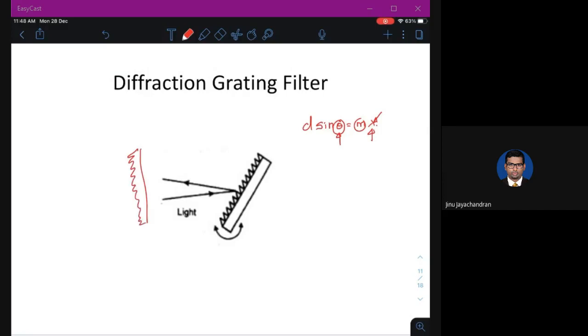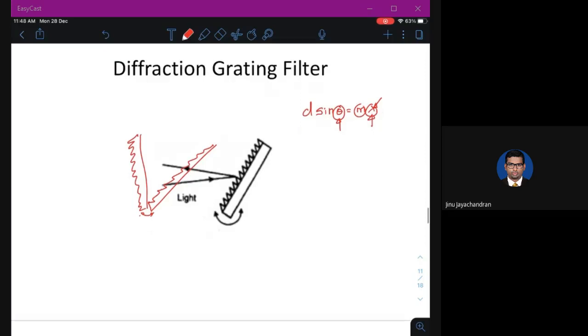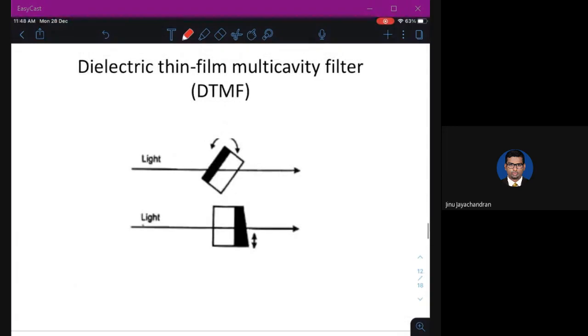Now you change or you tilt the diffraction grating again with some angle. By tilting this, you will change the lambda which is filtered out. So diffraction grating filter is a very simple technique where you just change the incident angle by changing the position of the diffraction grating, which will help you in getting the required wavelength.